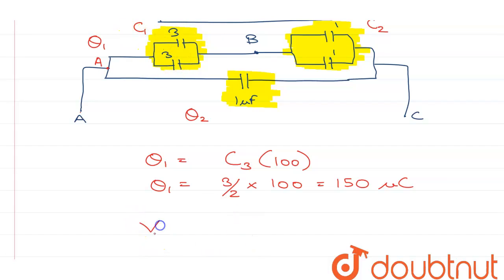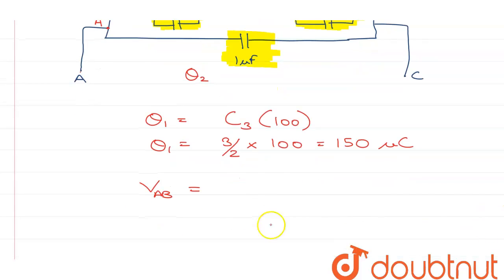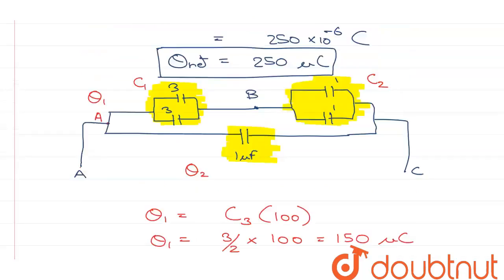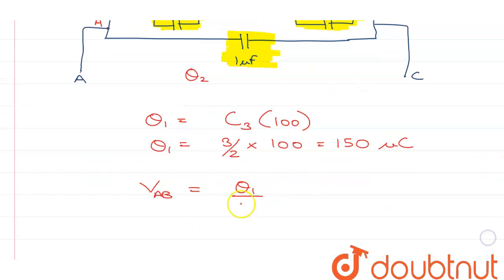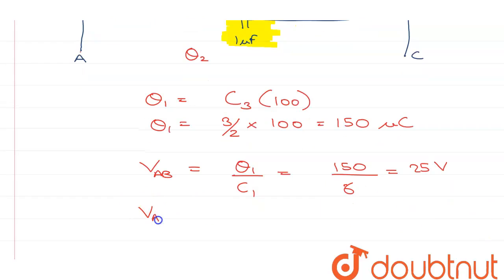So the potential difference VAB can be written as charge Q1, because charge Q1 is the charge that is flowing through this setup, divided by the capacitance C1, which is equal to 150 upon 6, which is equal to 25 volts. So the potential difference between A and B is equal to 25 volts.